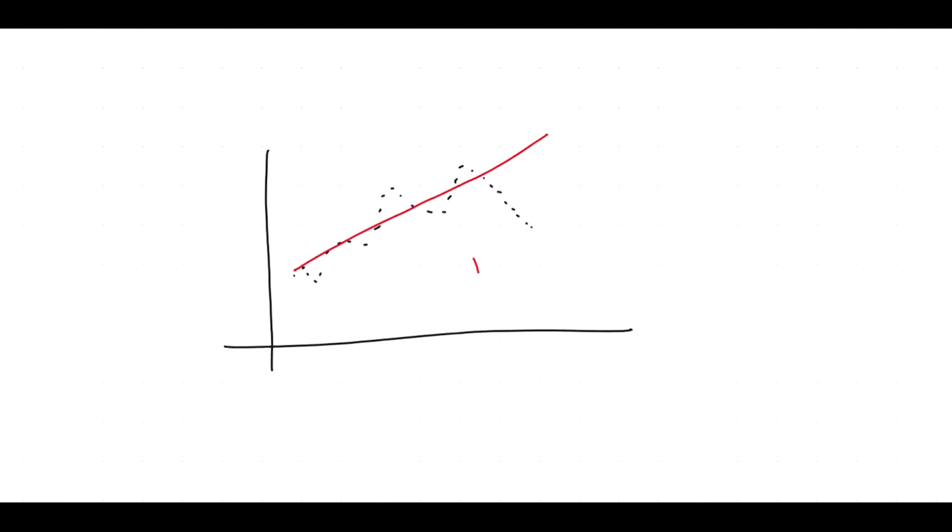The forecast values may not be great, but still you can forecast. Suppose for the next day, this will be the forecasted value. Then the day after that, this will be the forecasted value. Then the day after that, this will be the forecasted value, and this. So you can keep on doing forecasting.